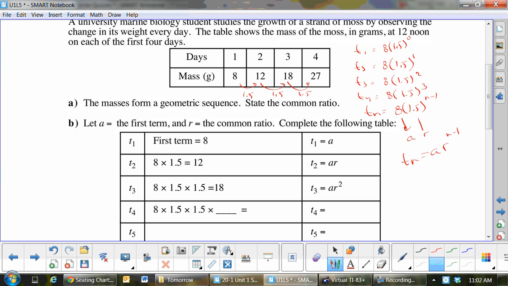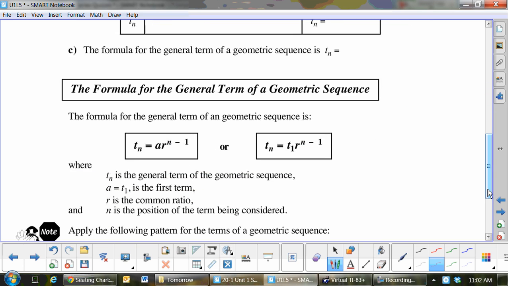Okay? And as you come down here, you will see there are 2 formulas to know. When would you use the first one? When would you use the second one?